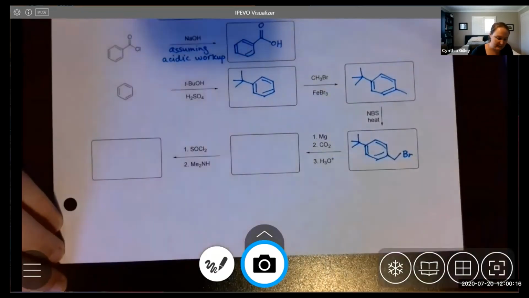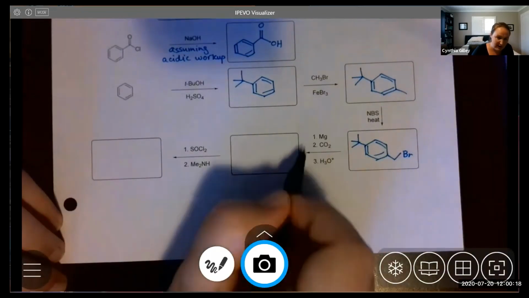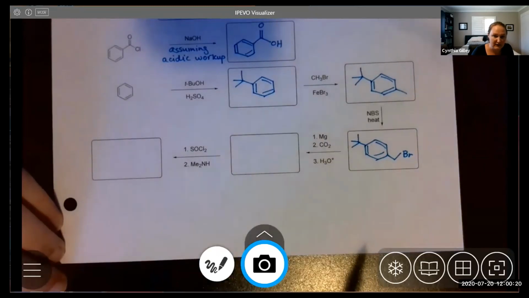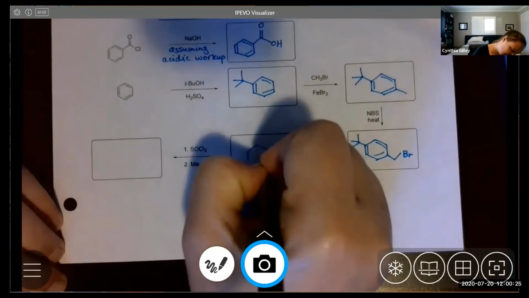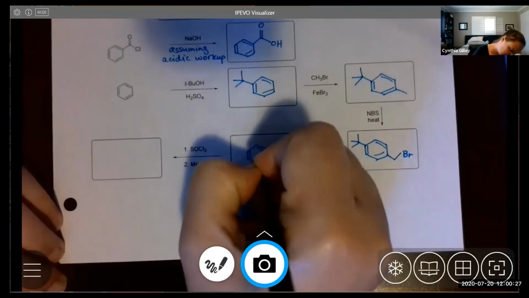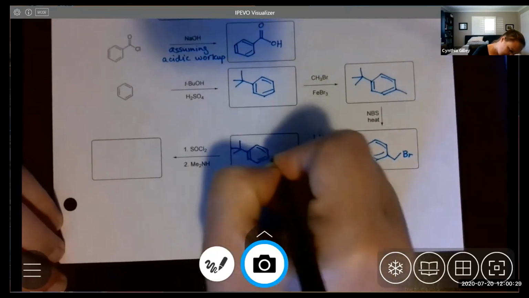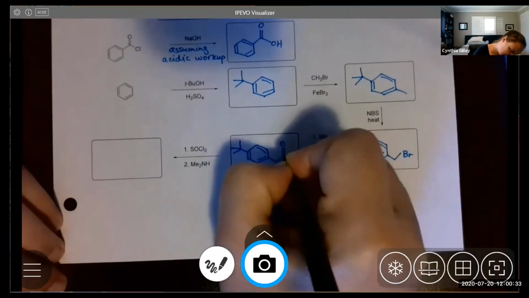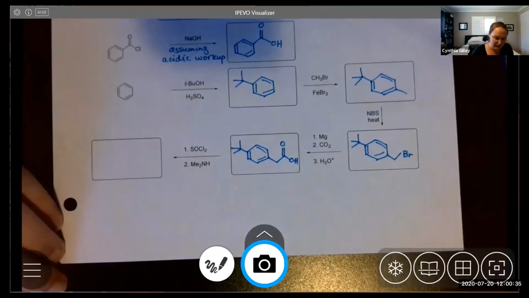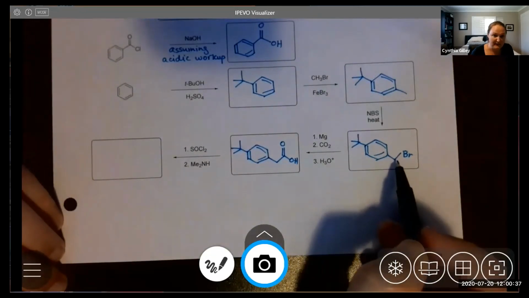That sets us up to be able to do this carboxylic acid forming reaction via Grignard with dry ice. Make sure you're adding a carbon when you draw the product. Some people might accidentally draw the carboxylic acid on the benzylic carbon.